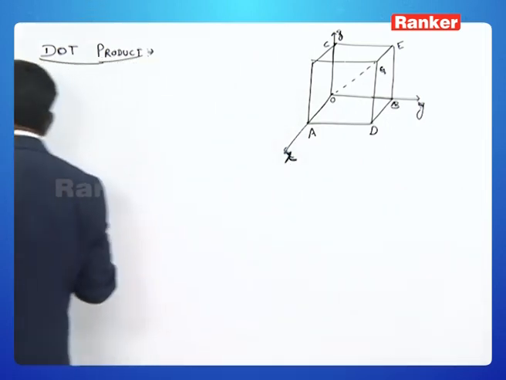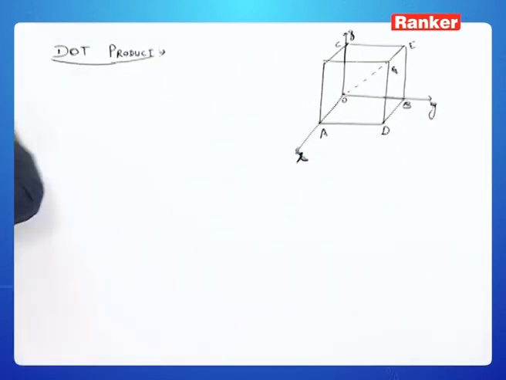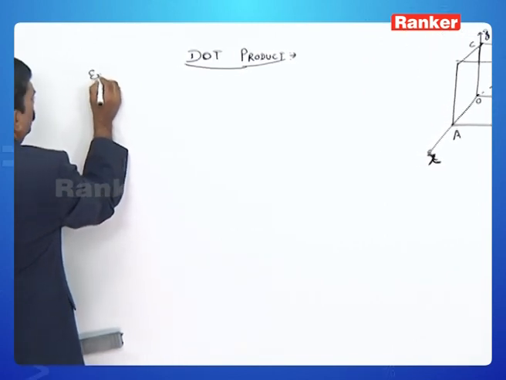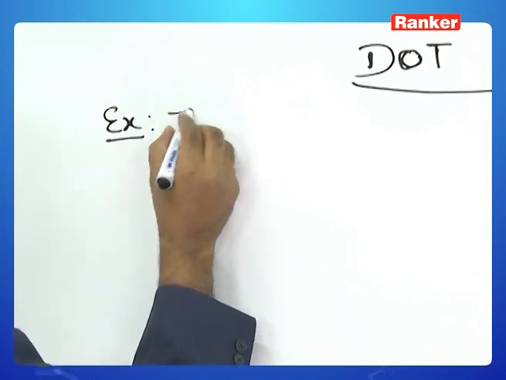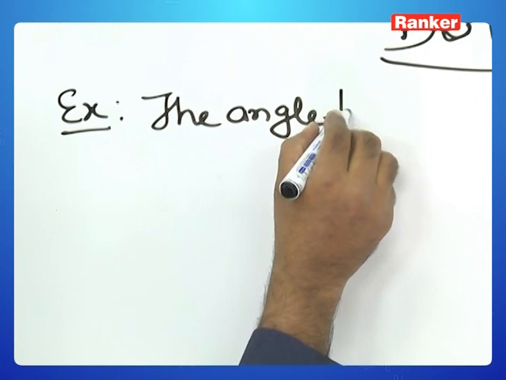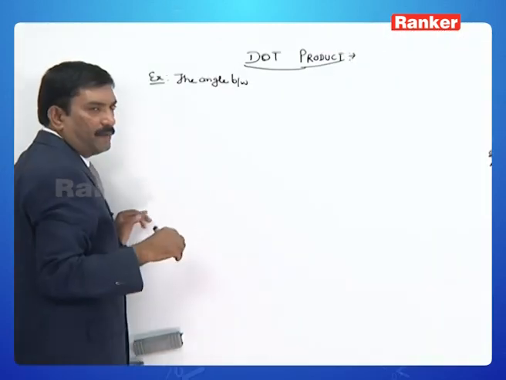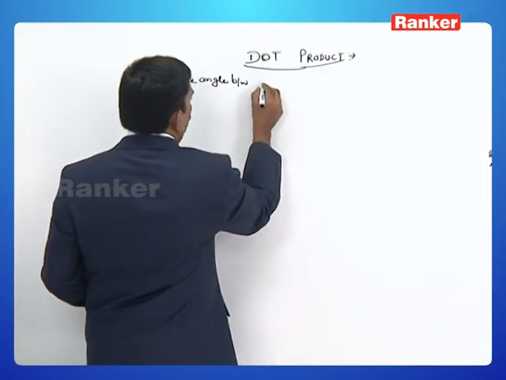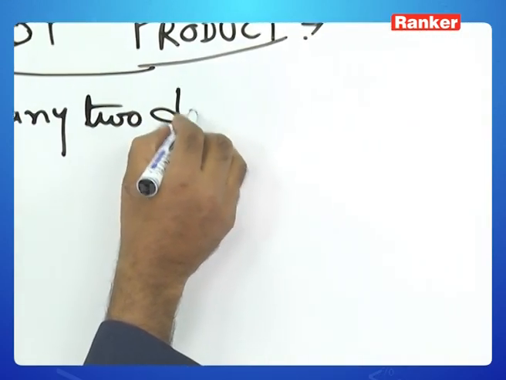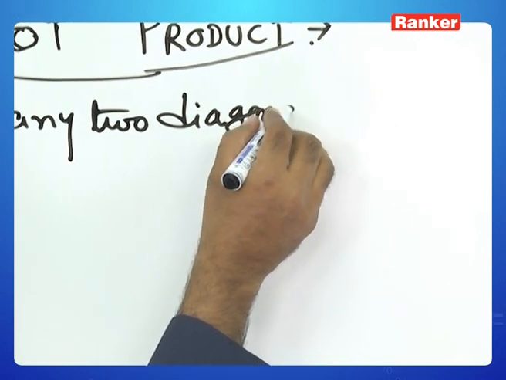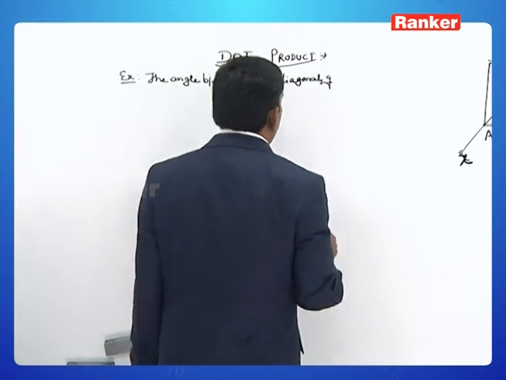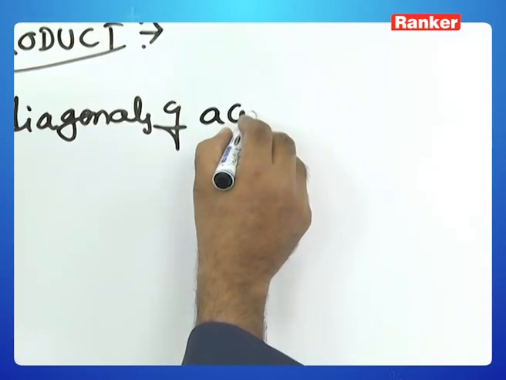Let me write the special problem: the angle between any two diagonals of a cube.